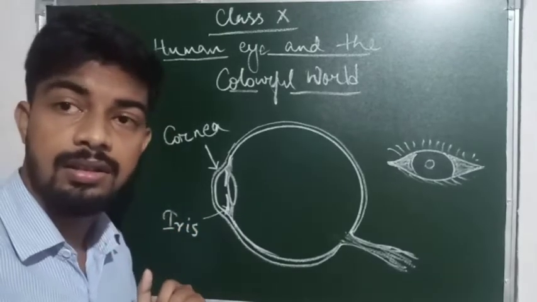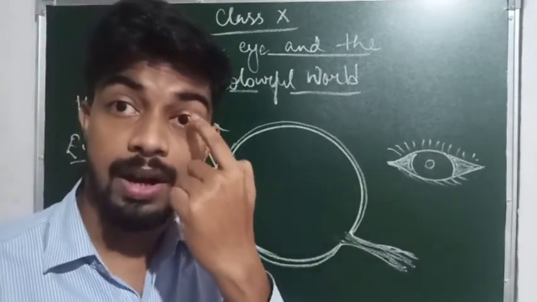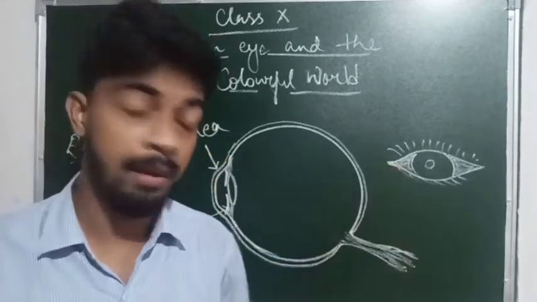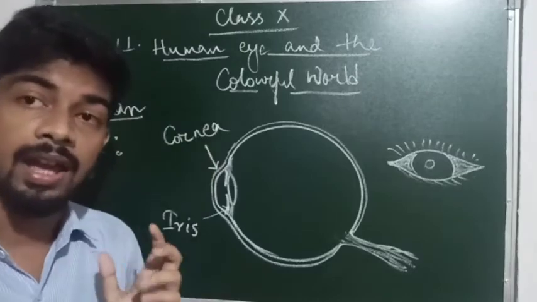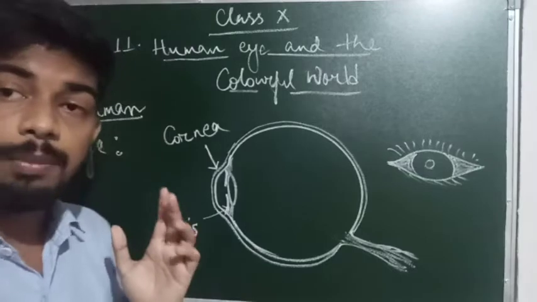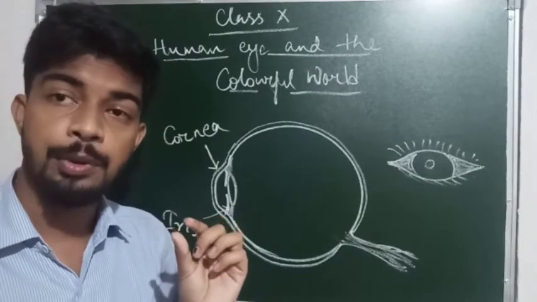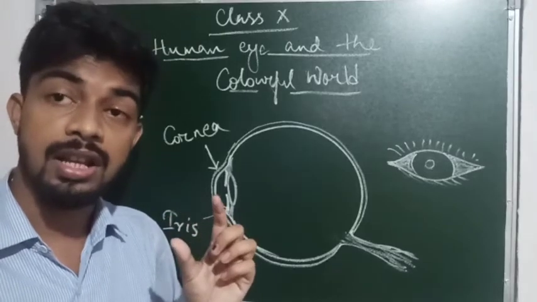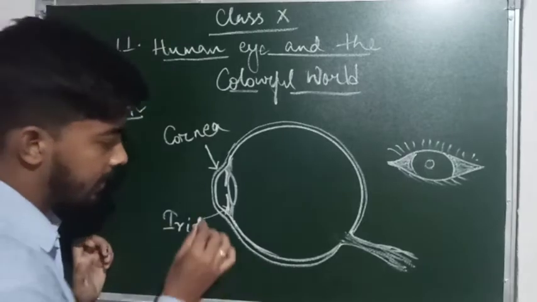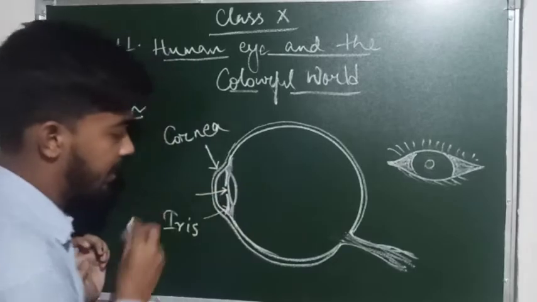The black portion which we normally see is known as the iris, and in some people the color of the iris may be different. The main function of the iris is to control the size of the pupil. It helps to reduce or increase the pupil size according to the light present in the environment. Then the inner part, this one, is the pupil.